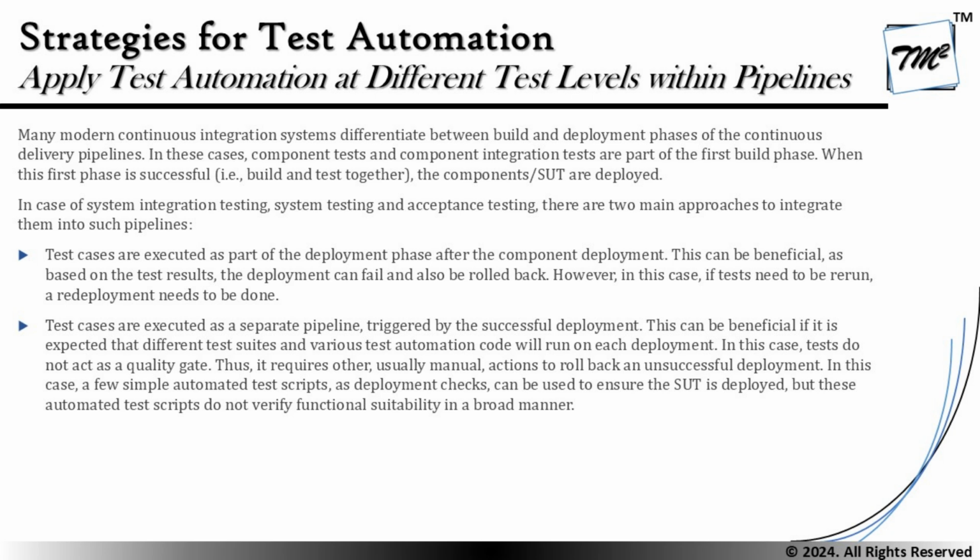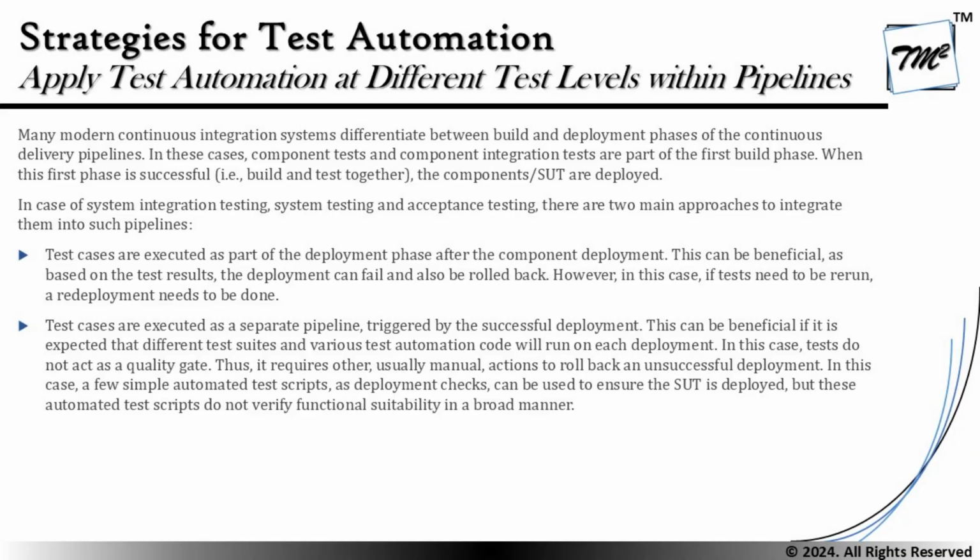In case of system integration test, system testing and acceptance testing, there are two main approaches to integrate them into such a pipeline. In fact, this is what I was trying to highlight to you in the previous slide, that first we told you that component test and component integration test are basically the CI, and then we have deployment and delivery. So certainly these would have their own contributions, and that is what is now being further deep dived: why exactly some of the organizations may have done it differently, and what are the different approaches which we can look forward to attempting.